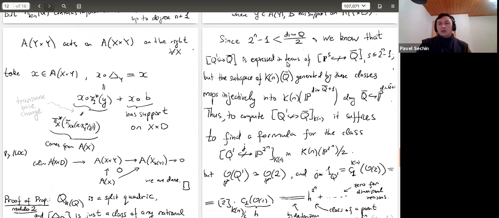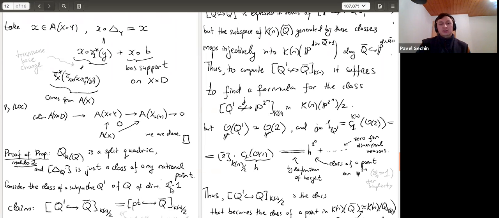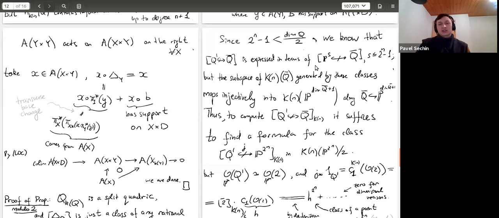First of all, because this quadric has sufficiently small dimension, it lives inside the split quadric Q bar, and the linear subspaces of Q bar, the subspace generated by them, maps injectively along the push forward to the ambient projective space.